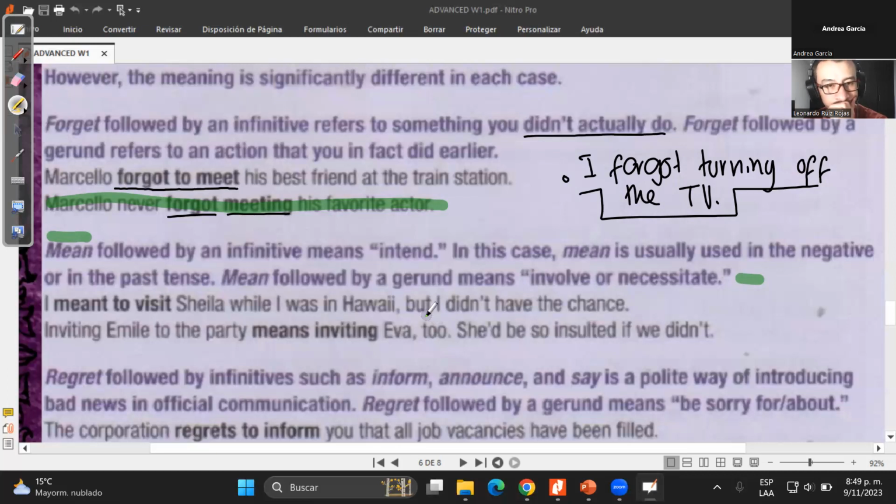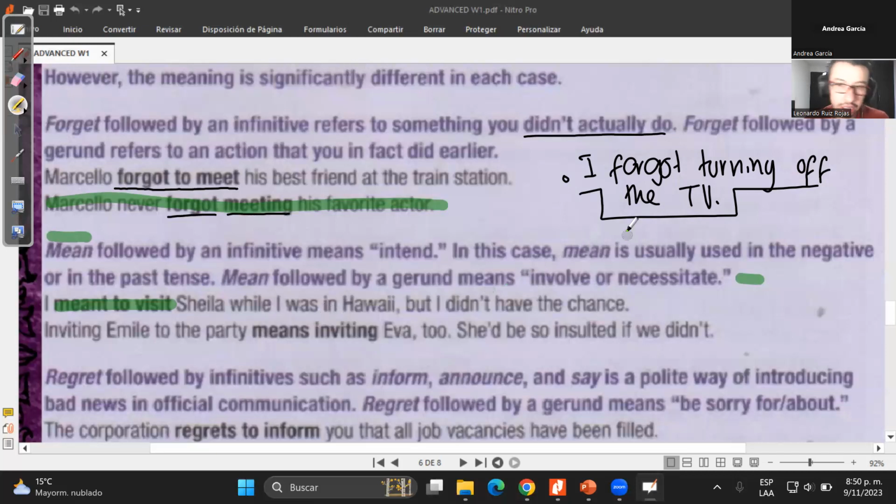Mean followed by a gerund means involve or necessitate. So when I use mean followed by an infinitive, for example, I meant to visit Shayla while I was in Hawaii, but I didn't have the chance. It's like I tried to. Yes, that was my intention, but it never happened, right?